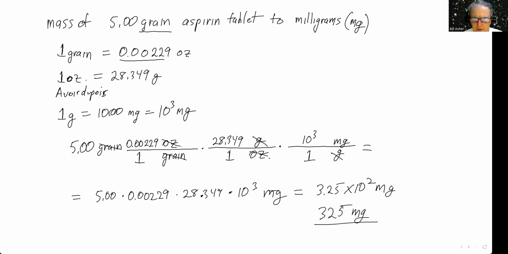So let's do another one. Let's convert the mass of a 2.3 ounce egg into grams. Well, again, 1 ounce avoirdupois is equal to 28.349 grams.